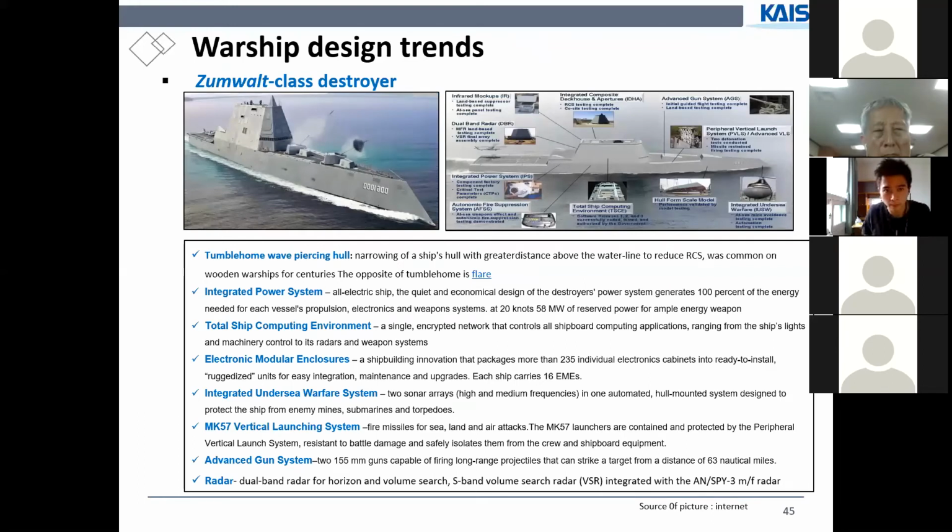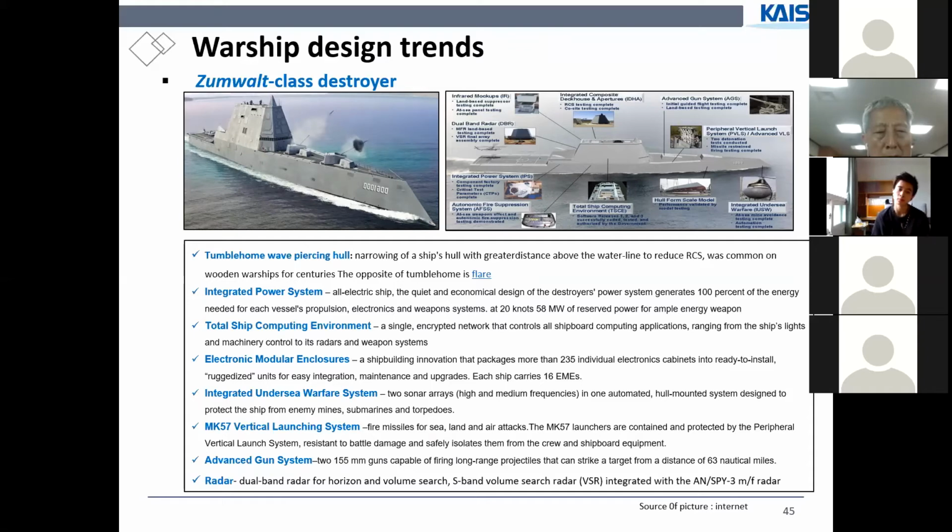This is an example of the most advanced warship design trends. I'll try to explain, and after that we'll try to see some videos. The main trend is tumblehome with wave piercing.